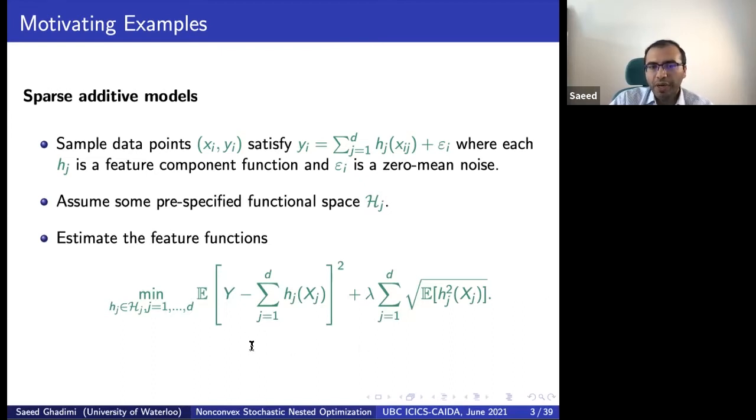So here, the first term is a linear term in terms of the expectation. This is the expectation of this error squared plus this regularization term here, which, as you can see, has a root function, the square root function. And so this would be a composition of a nonlinear function and an expectation. So this is an example of this nested structure that we have.